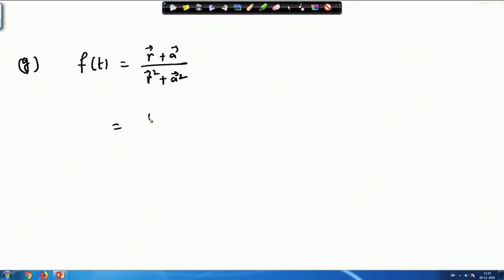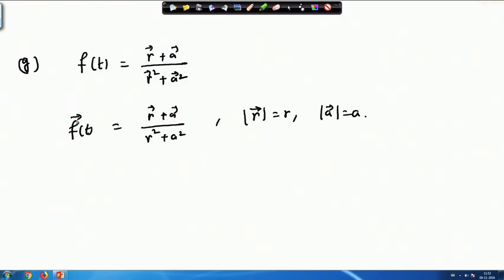So this can be written as vector r plus vector a over r square plus a square, where mod of r equals small r and mod of a equals small a. Both are scalar. And since r is a vector and a is a vector, I can now write f(t) as a vector.